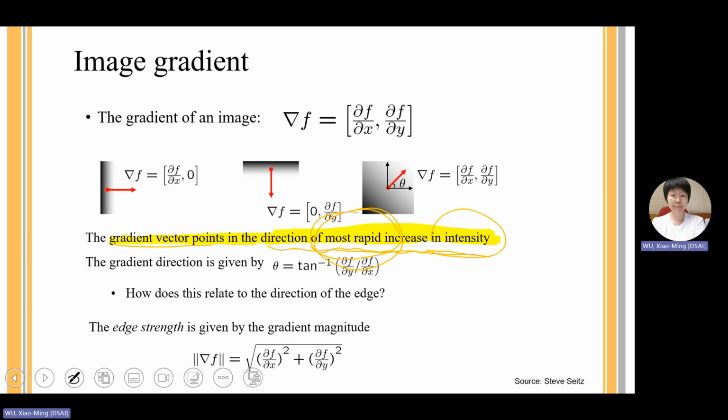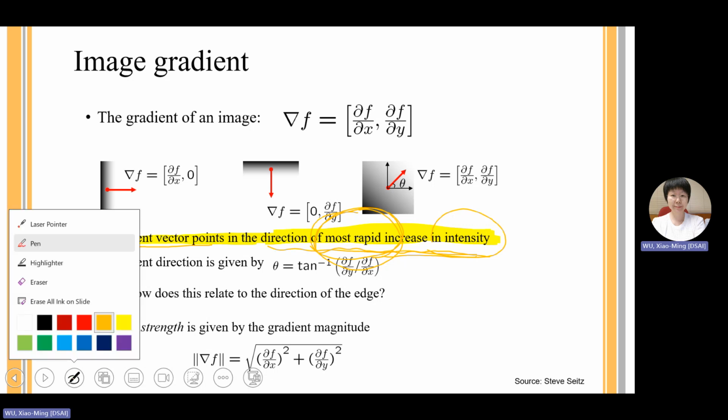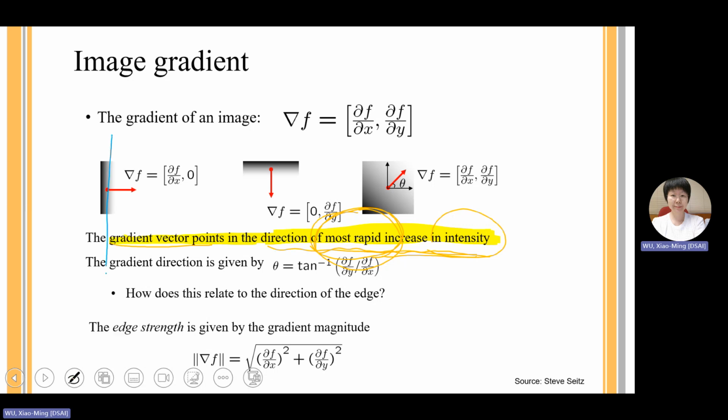When there's a significant change in this direction, it means there's an edge here, and the edge direction is perpendicular to the changes in pixel values.